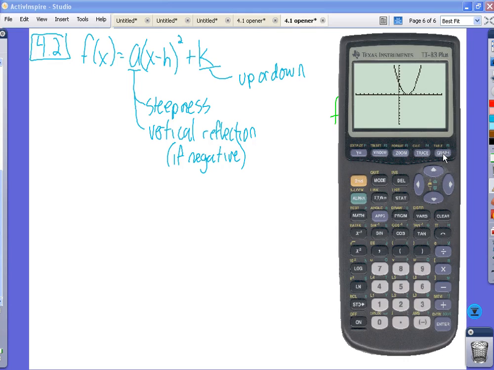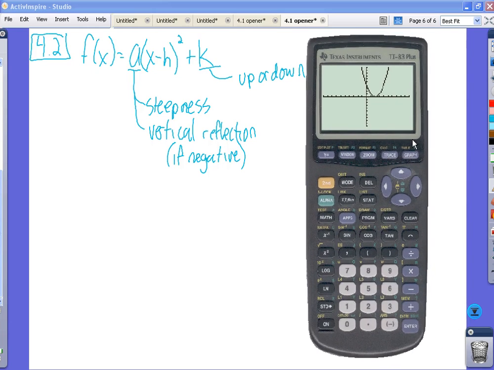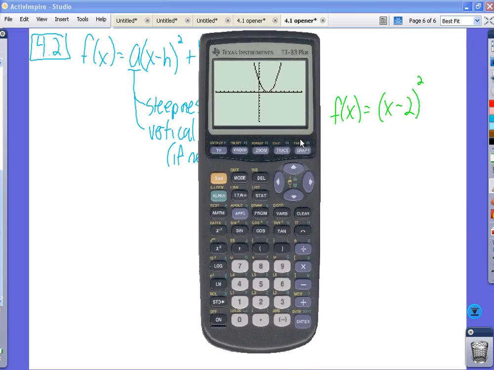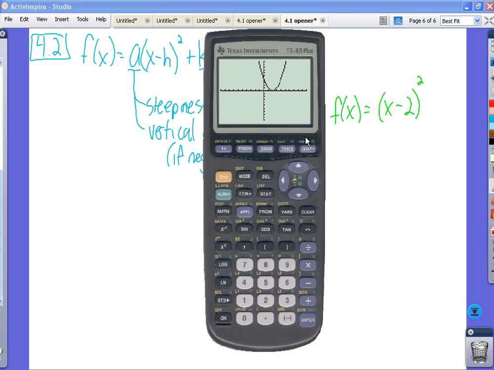Oh, it's cheating. Okay. Move this so I can see the green. It's like an upside down McDonald's.